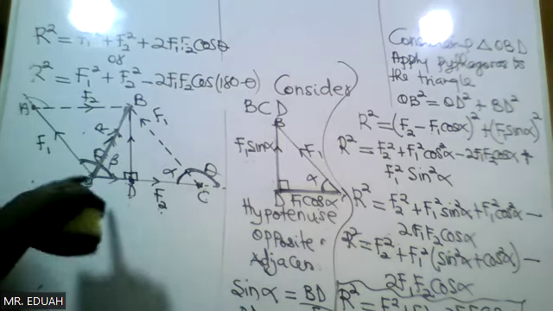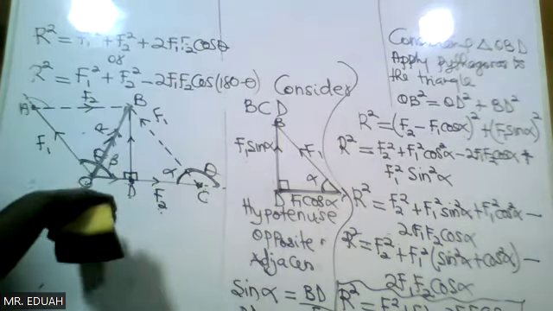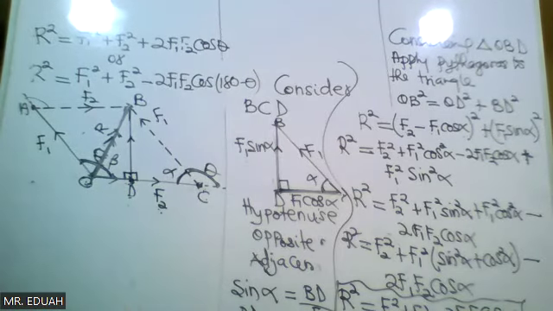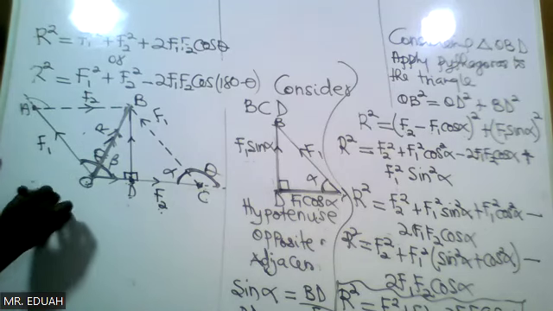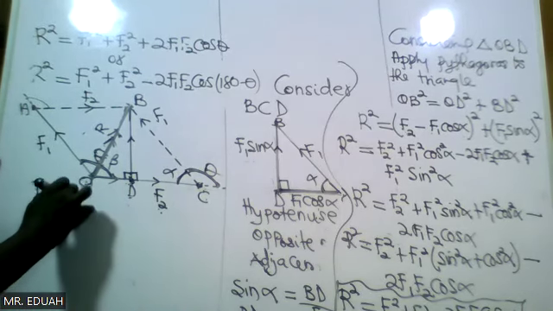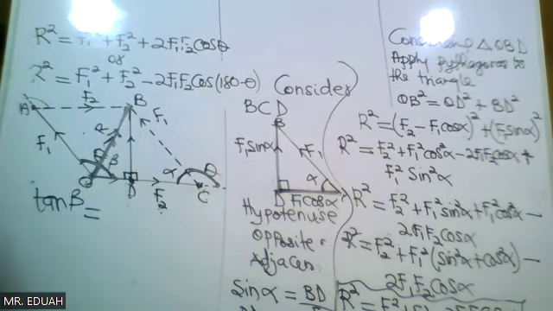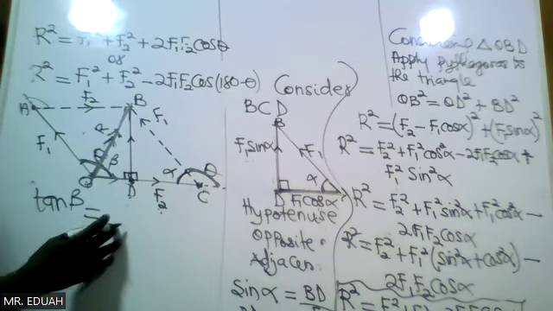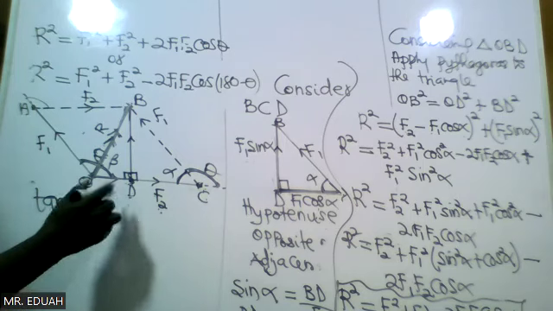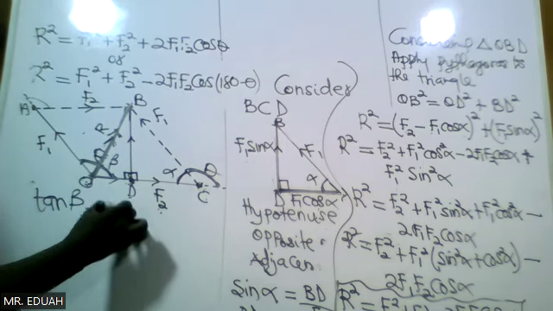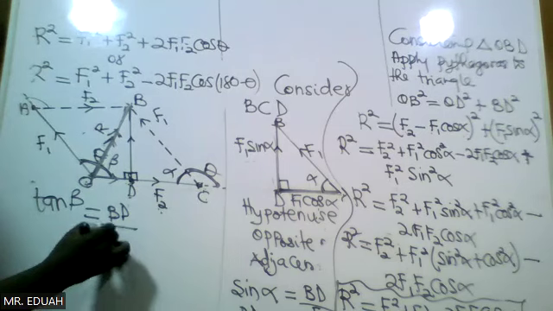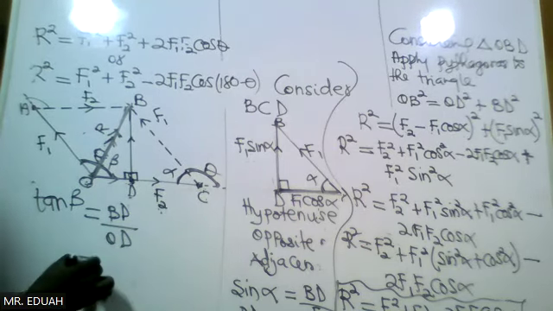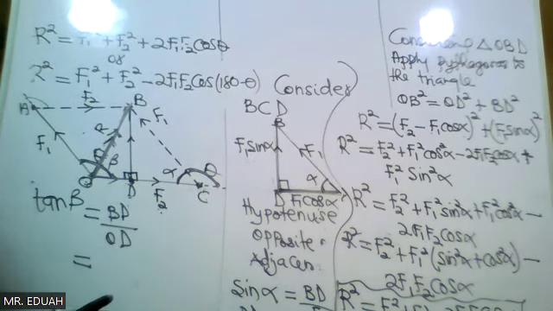So once I know BD and OD, I can use tangents. So when I take tan of beta, tan beta will be equal to opposite, tangent is opposite, BD, over adjacent, OD. Now what is the opposite?